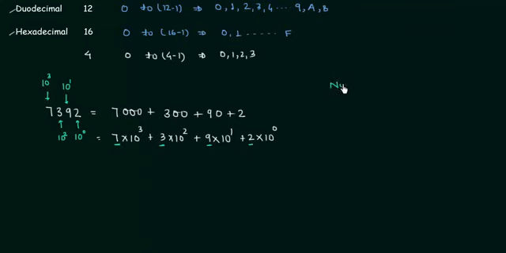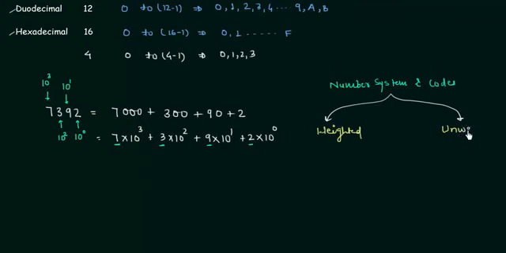So the number systems and codes we can categorize into two groups. The first one is weighted and the second one is unweighted. In weighted we have a few examples. First one is the decimal number system that we have seen here.